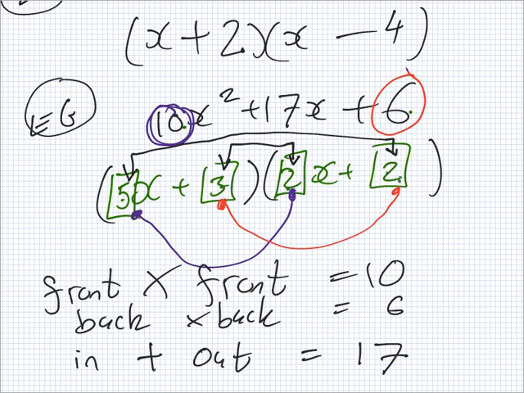So it's not this. Now we have to think more about it. What could we change? Maybe we could swap these. What does that make in the middle? 15 and 4, 19, not this. Okay, maybe the 6 is a 6 and a 1. 12 and 5, 17.